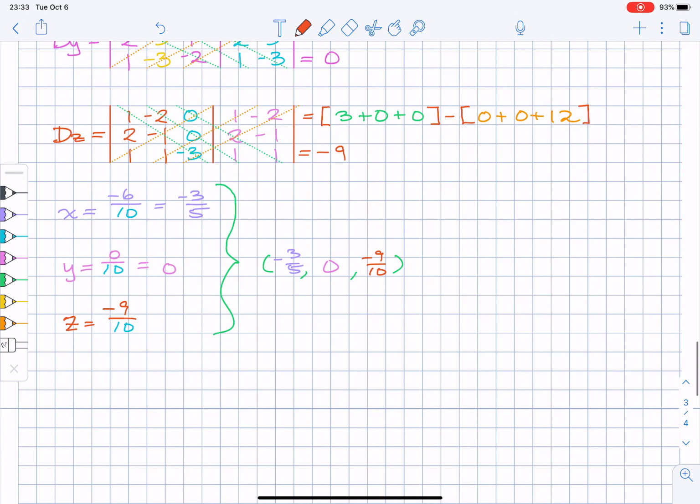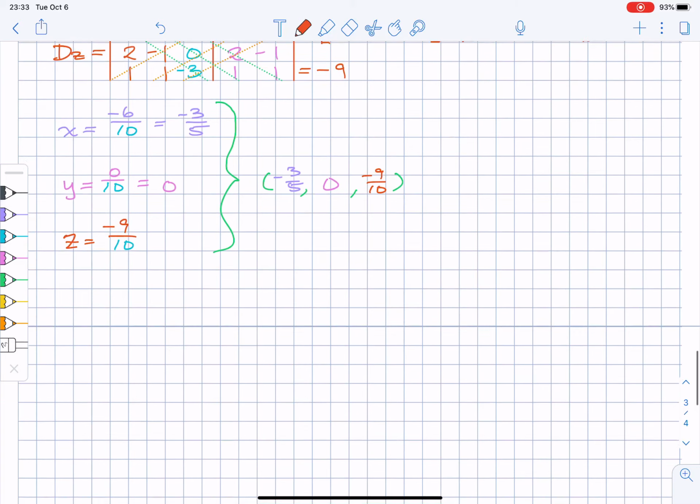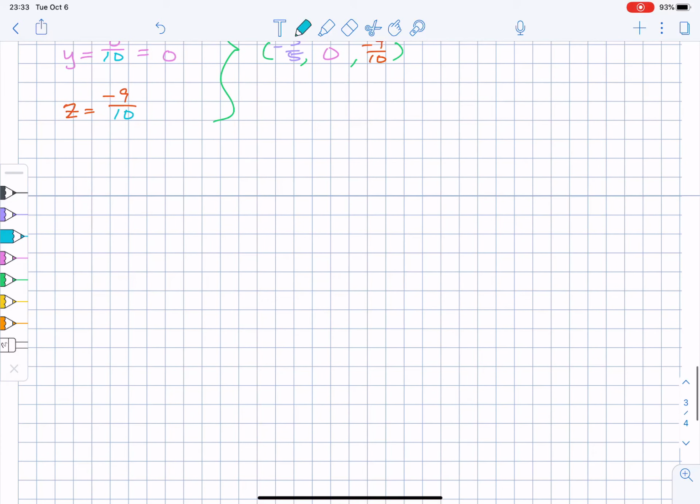Okay. So anyways, let's go on to definitions. Definition. And this is going to have 2 parts. So part 1, an upper triangular matrix. Upper triangular matrix, that's the first definition.